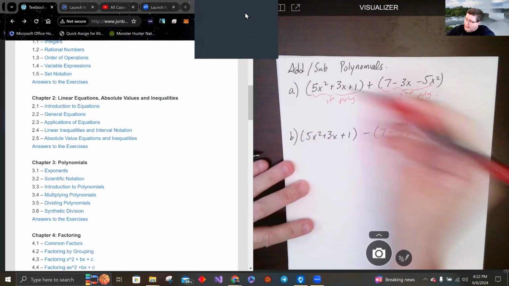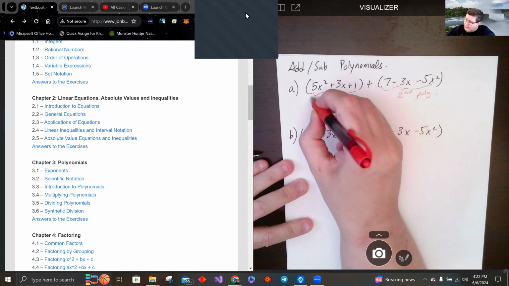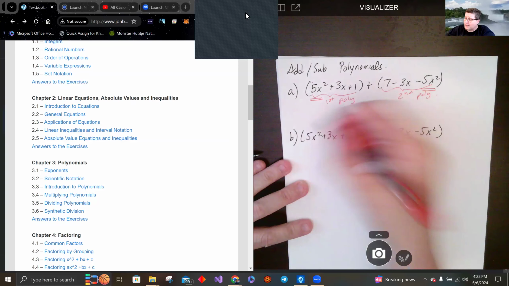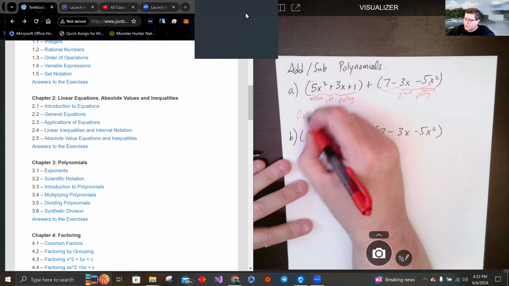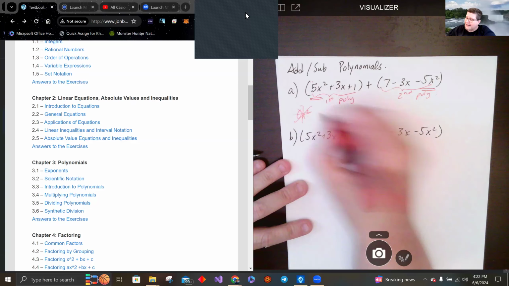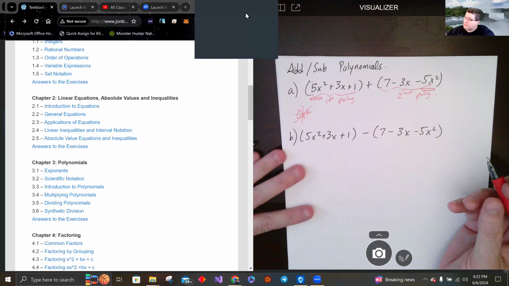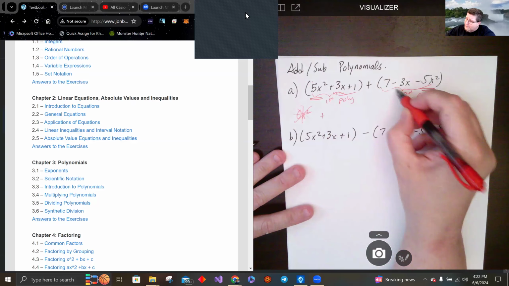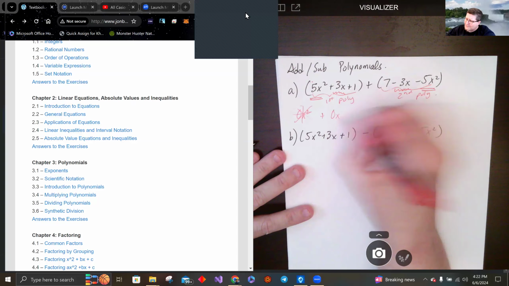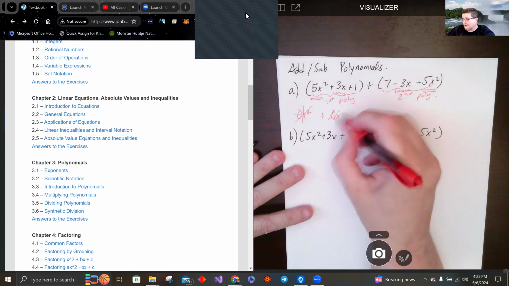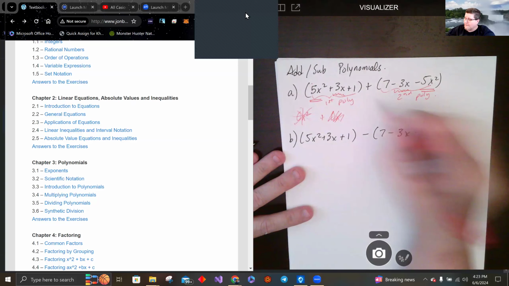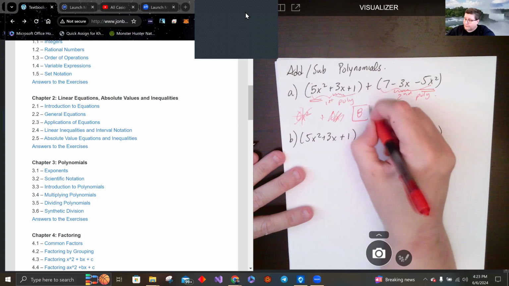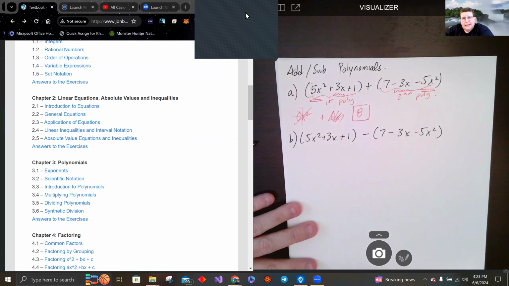So we're going to combine 5x squared with negative 5x squared, and we get 0x squared, which we don't even need to write. Anything times 0 is 0. Then we take a look at the 3x and the negative 3x. That adds up to 0x, and we don't need that one either. Finally, we have 1 plus 7 is 8. We add those together, we get 8.